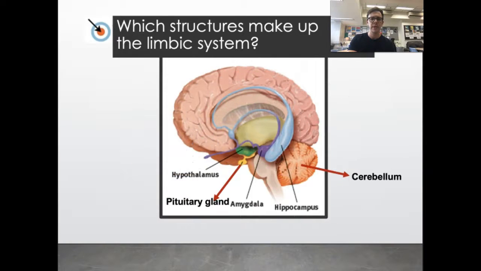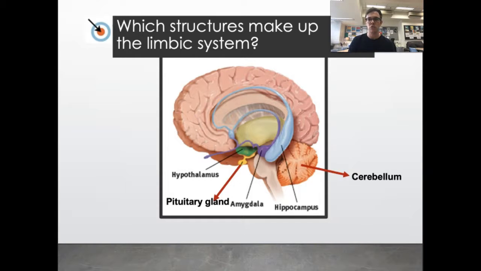And then you have your limbic system. The purpose of the limbic system is to regulate memory, aggression, emotion like fear, excitement, hunger, thirst, sexual behavior. All of those things are going to come from the limbic system.